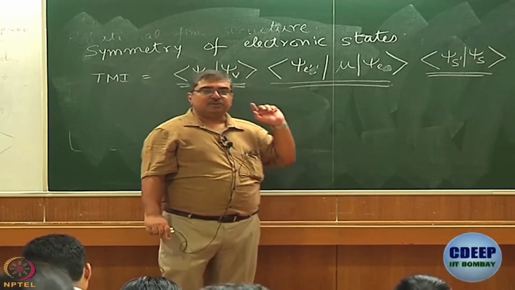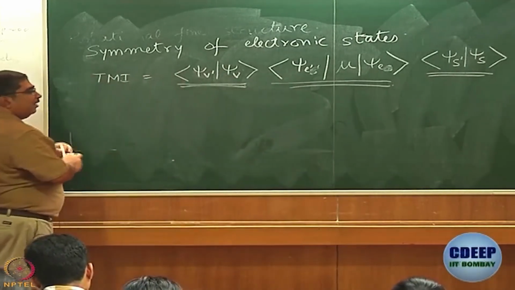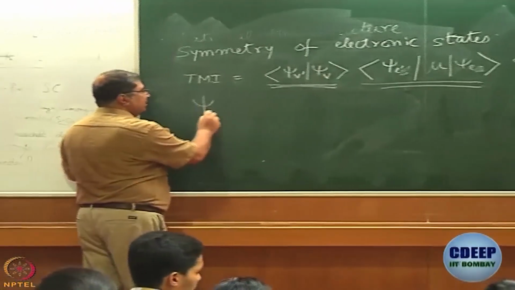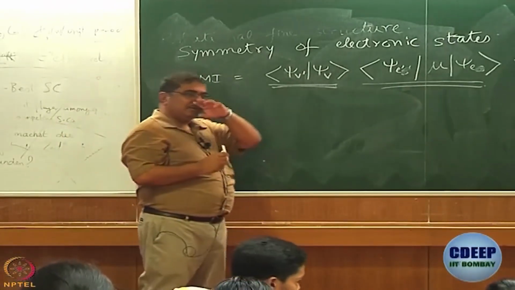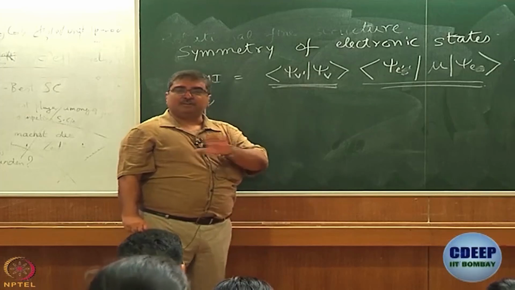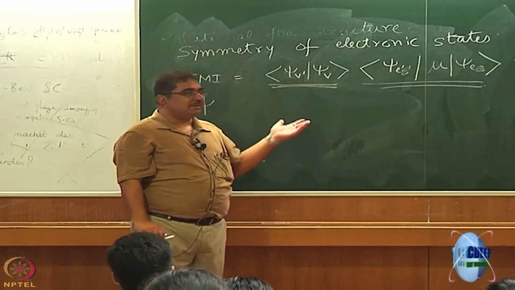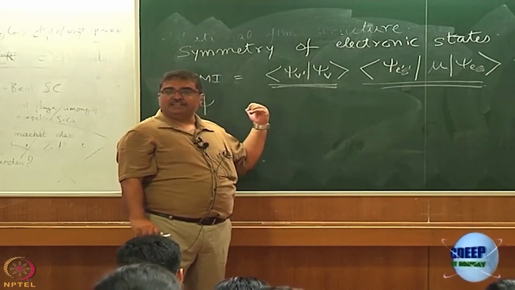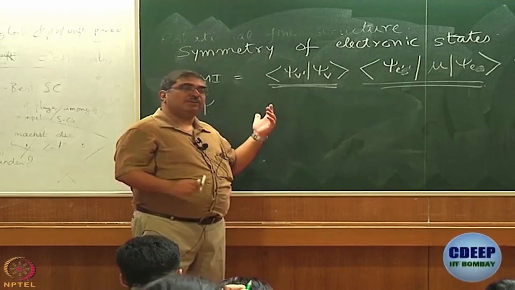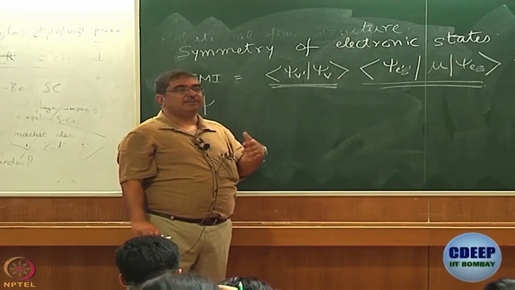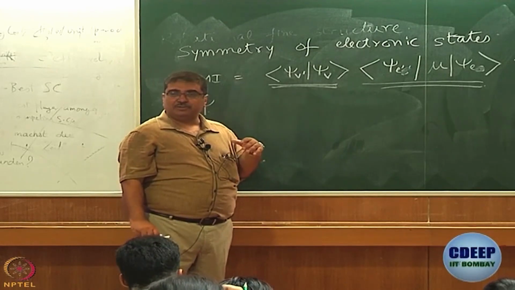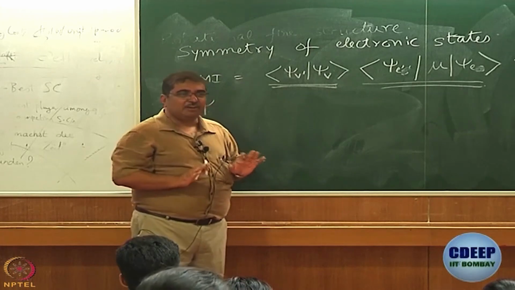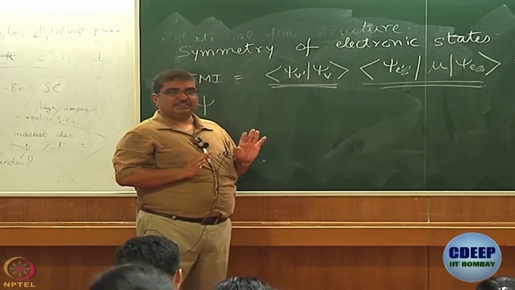To do that, first thing we need to understand is how do you write an electronic wave function. Suppose you have some electron configuration, you have several orbitals, let us say I will write those orbitals as phi and the electronic wave function overall as psi. Let us say I have orbitals phi 1, phi 2, phi 3, phi 4, and so on, and for now I have one electron in each.